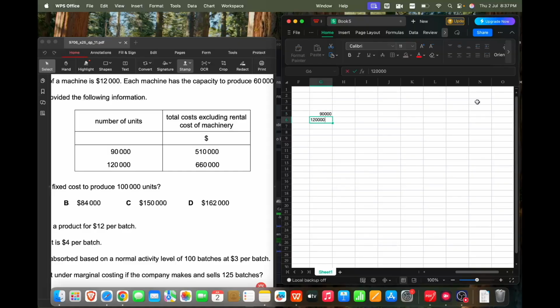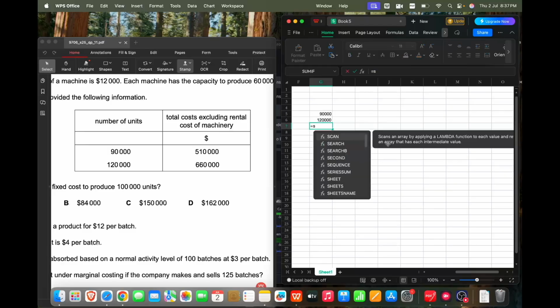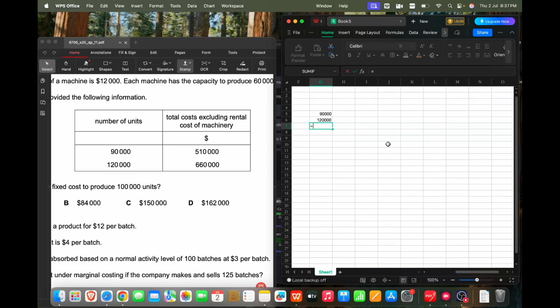So 90,000 we are producing, and then 120,000 is what we now produced. If you look here, the difference that we are getting is 30,000. So we make 30,000 more units, and why I'm doing this is I want to calculate the difference in the cost as well. So cost difference is 660,000 minus 510,000.